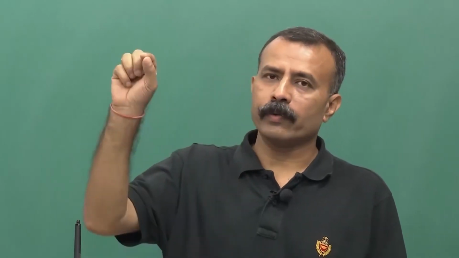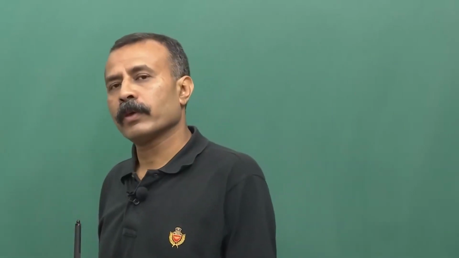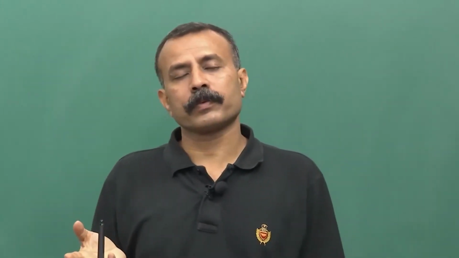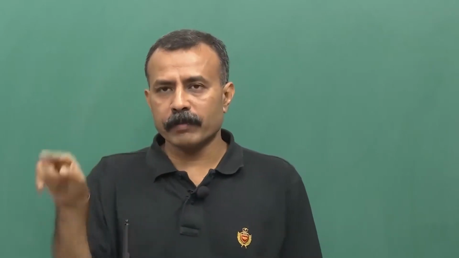They send this signal through a cord which is part of the nervous system to the spinal cord, or sometimes to the brain, mostly to the spinal cord, and the information gets processed. There is a relay route which brings it back and tells the muscle, you come back to your original position.